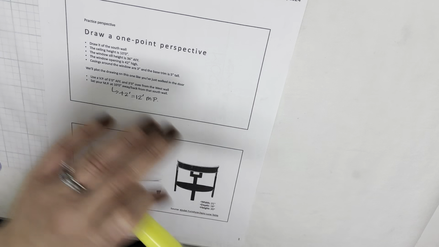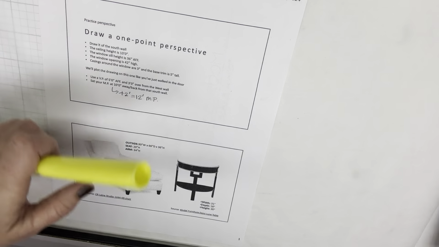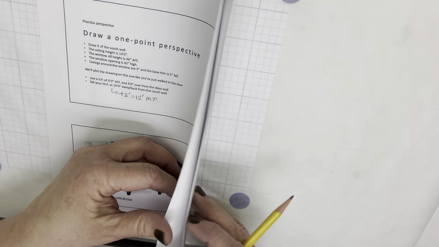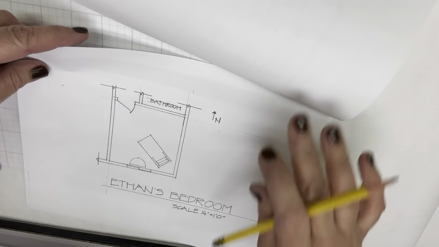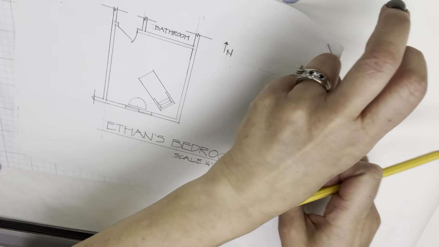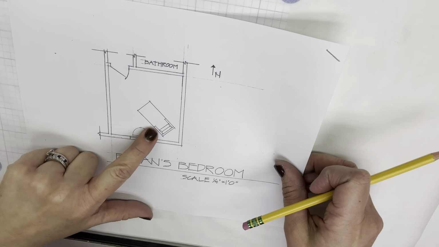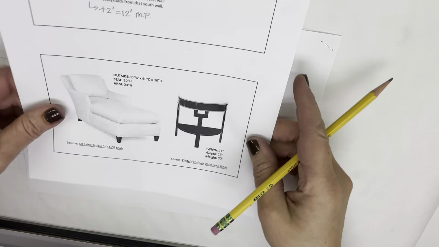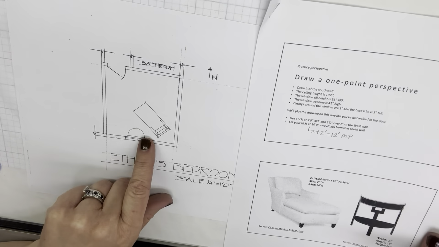So let's take a look at the floor plan that we're going to be working on. In the packet, it gives you the room that we'll be drawing. And this room has a chaise lounge and a side table, which in a second part we'll draw into that view.